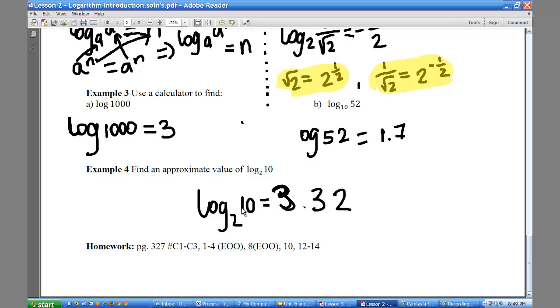So that means that to get the answer 10, you have to raise your 2 to the power of 3.32. So again, in a calculator, enter log 10 divided by log 2.